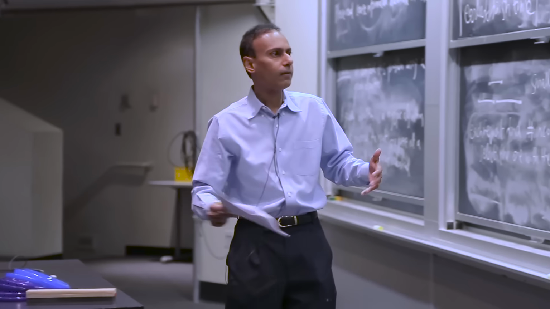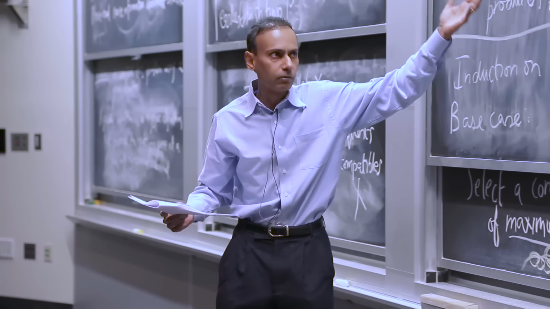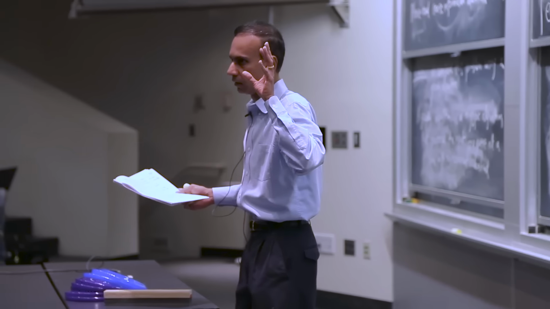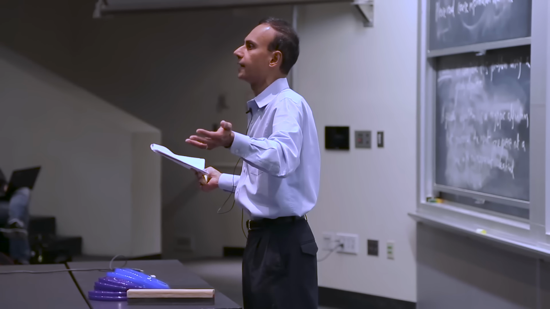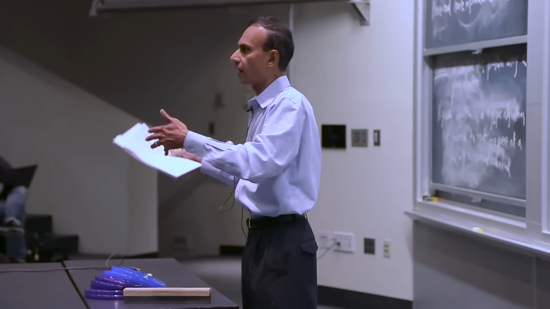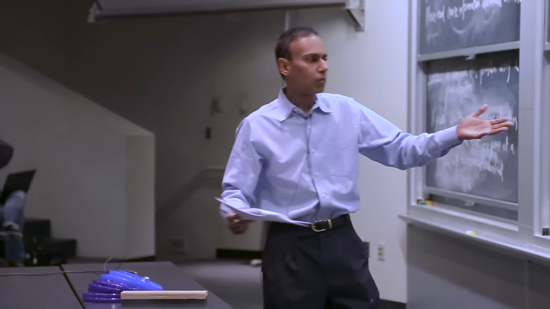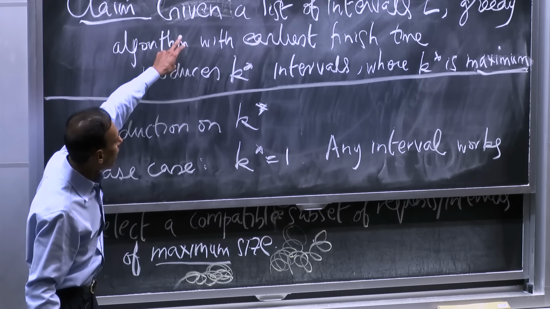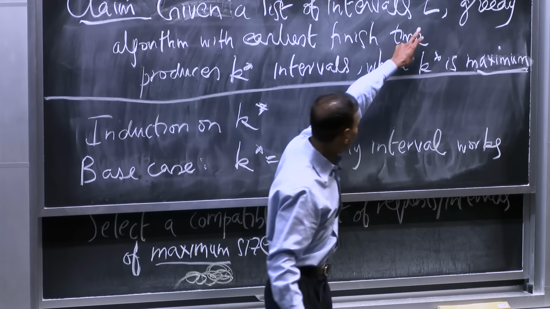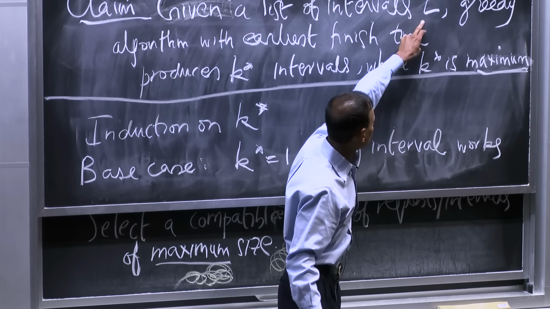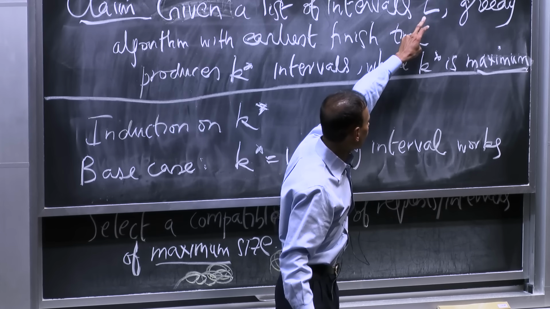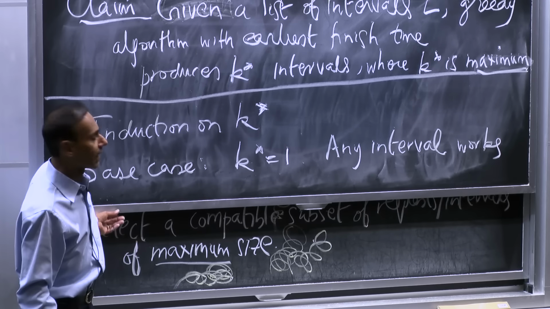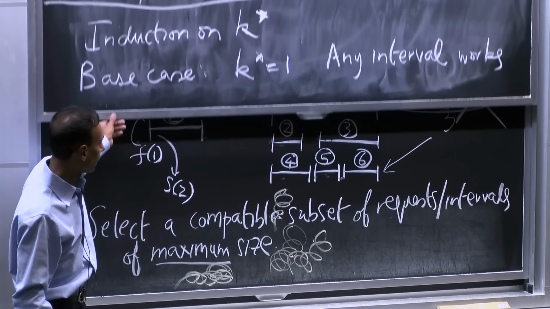And so now if your problem has one interval or two intervals or three intervals, you can always pick one, and it's clearly going to be a valid schedule because you don't have to check compatibility. And so the base case is trivial, even in the case where we're not talking just of intervals that have cardinality 1, but the optimal schedule has cardinality 1.